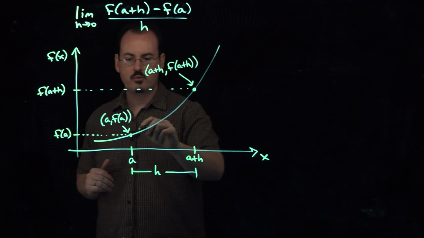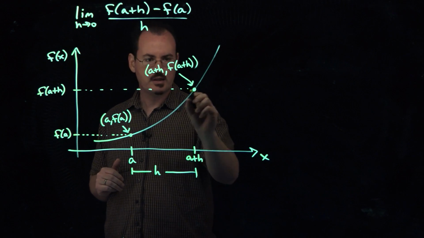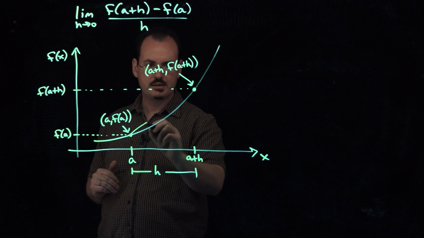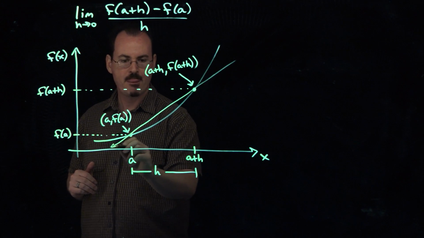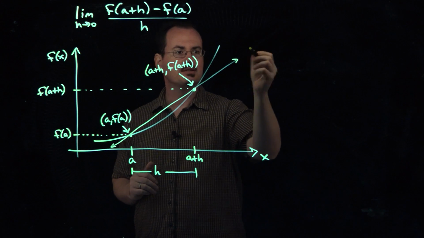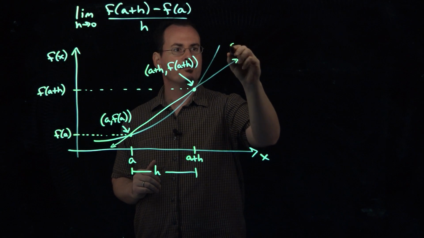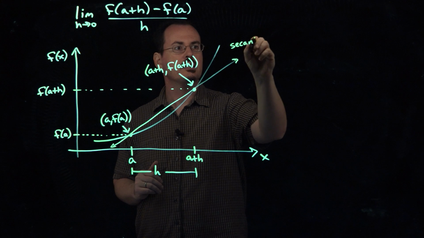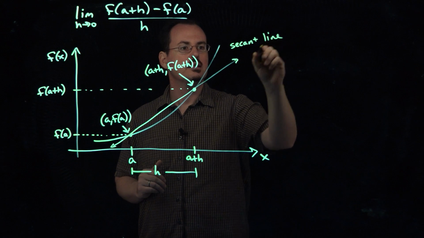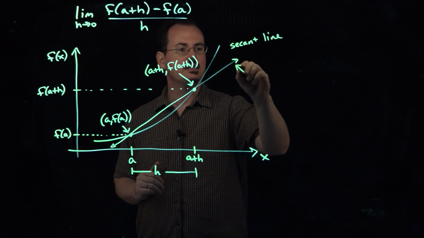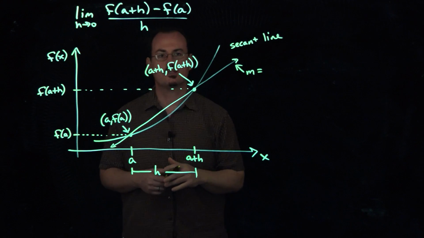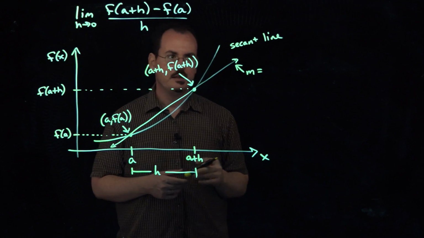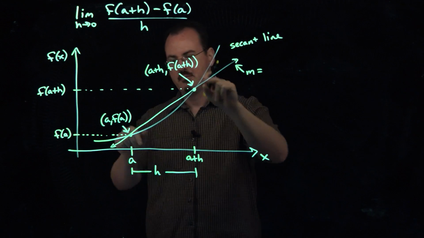So what we first want to think about is the slope of the line that is going to connect these 2 points. Okay, so that's this line right here. This line is called a secant line, by the way. Let's go ahead and write that. It's a secant line. Its slope is just defined the way that we would define the slope of any line between 2 points.